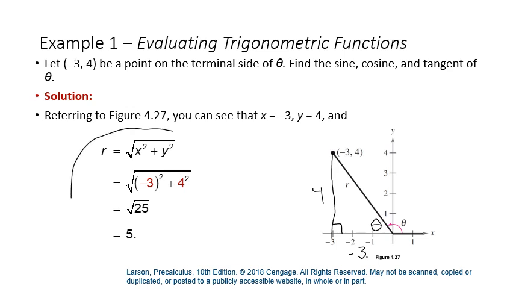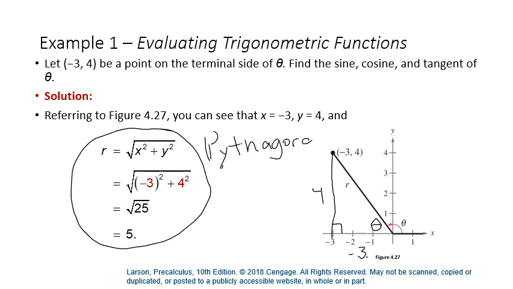And what they're really doing here is the Pythagorean theorem. It's kind of a long word to write, but they're doing -3 squared plus 4 squared and getting 25 and taking the square root of it, which is 5. So now they have an O, opposite side, an A, adjacent side, and an H, a hypotenuse.